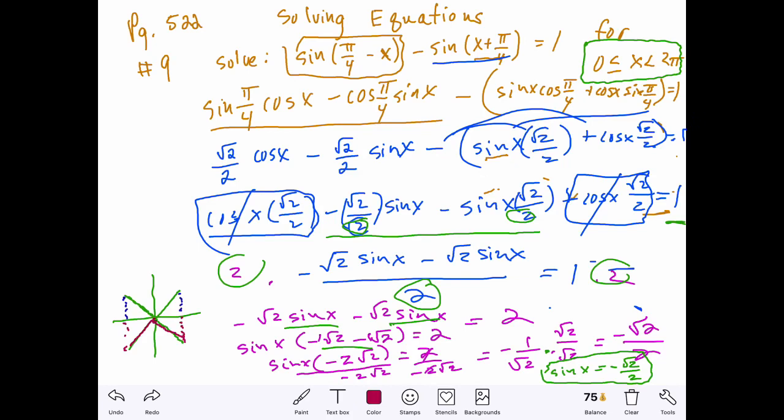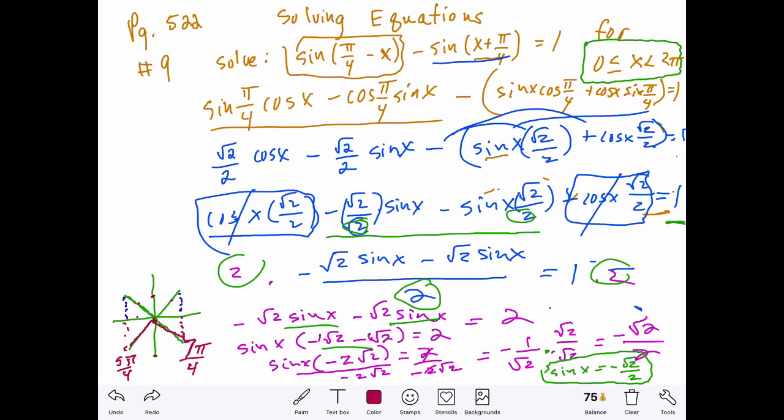Okay. Well, then we say, well, this would be pi fourths, 2 pi fourths or pi halves, 3 pi fourths, 4 pi fourths, 5 pi fourths. And then this would be 6 pi fourths, which is 3 pi halves, and then 7 pi fourths again here.